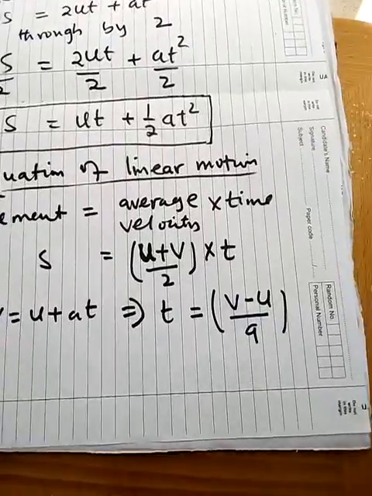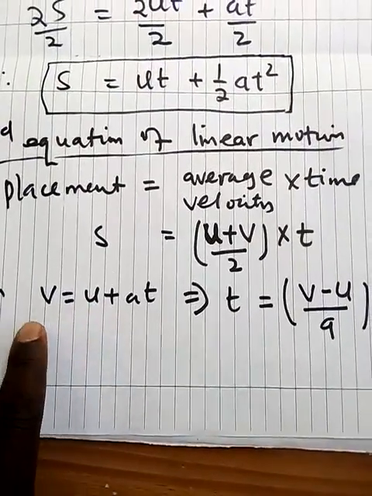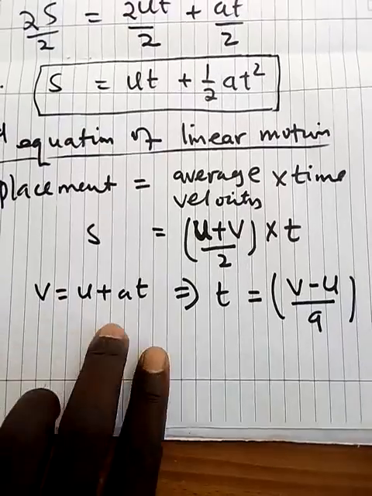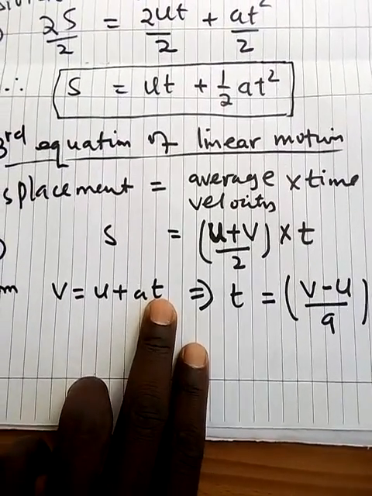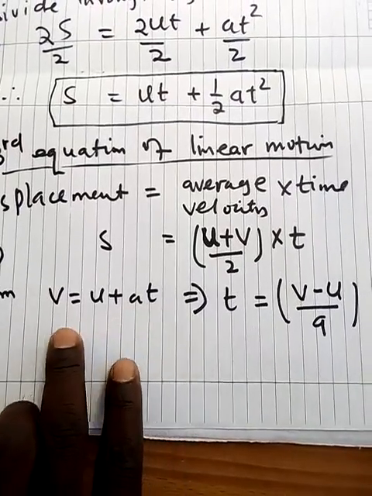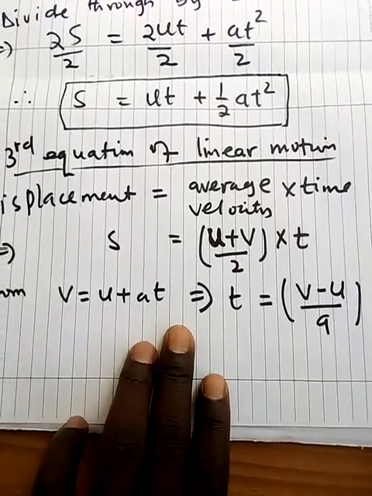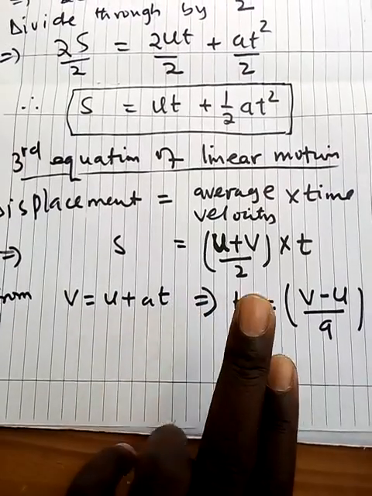Look here, you see this u, when it crosses the equal sign, it becomes a minus, so you'll have v minus u, but on the right hand side you'll remain with the at. So to make t the subject of the formula, you'll have to divide it throughout by a. Remember, on the left you have v minus u, on the right you have at. So a on the right will cancel out to leave you with t alone.